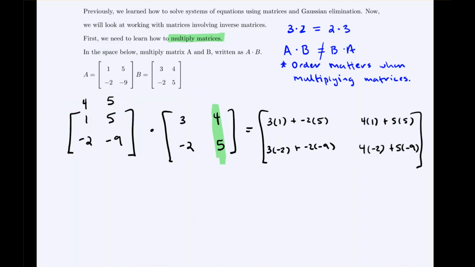We'll be finished whenever I simplify these multiplications and sums. So let's simplify that. That would give us 3 times 1 is 3, plus a -10. The second row, first column would give me -6 plus 18, then 4 plus 25, and -8 minus 45.